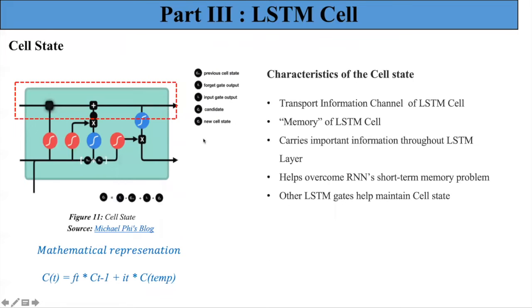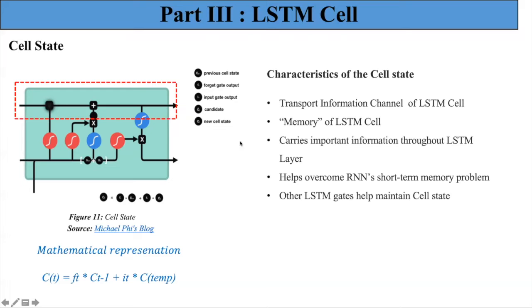So with that, we'll quickly dive into the core components of the LSTM cell. The major component of the LSTM cell is the cell state. This works as the actual memory of the LSTM, and it's a long-term memory because it's like a transport highway which carries the information from the previous state to the next state without much modification.